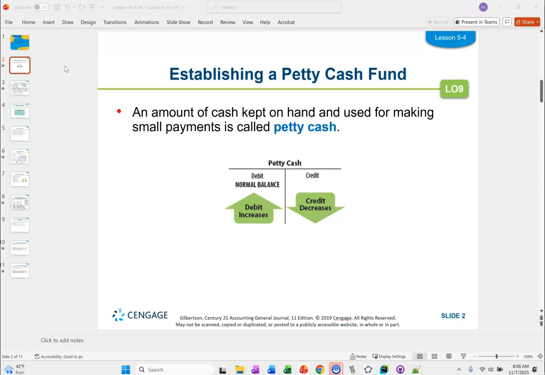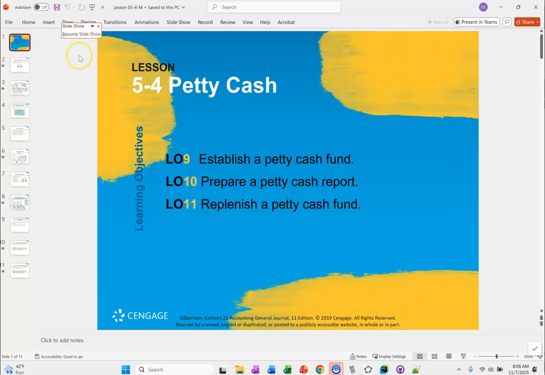So this next section is about petty cash. Do you guys know what petty cash is? If you're a business, sometimes you keep cash in a box in the office. Hey, Bob, we're out of copy paper. Run to Staples, buy some copy paper. Here's $40. Buy some paper and come back.